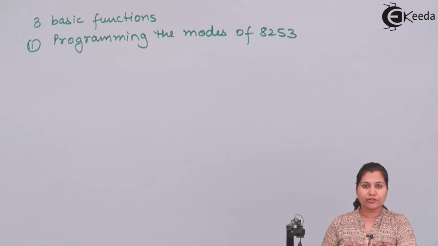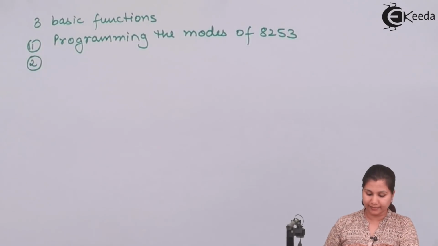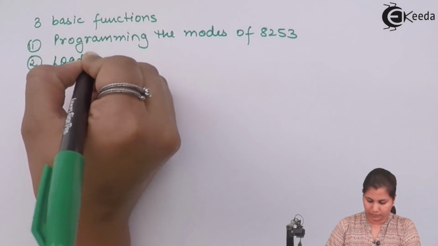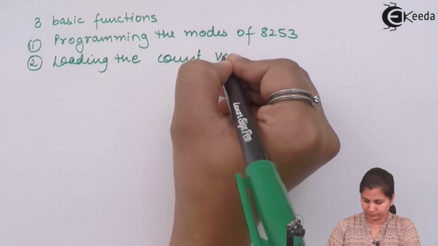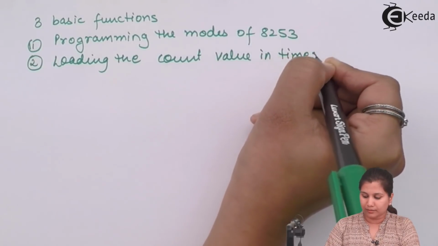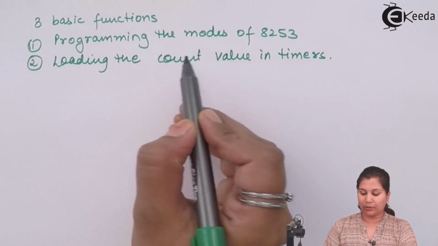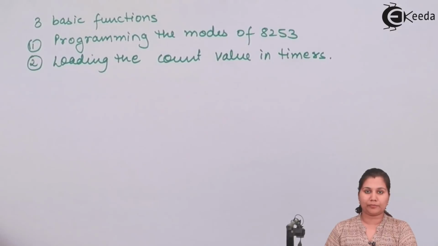Now the second function of this data bus buffer is that it is used to load the count value in the timers, and this count value is provided by the microprocessor.